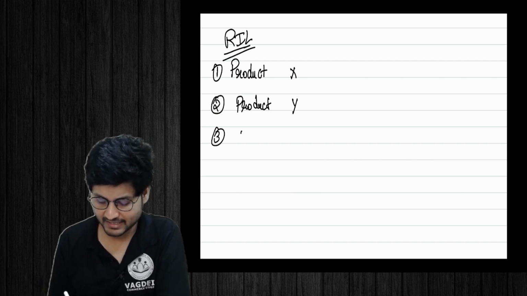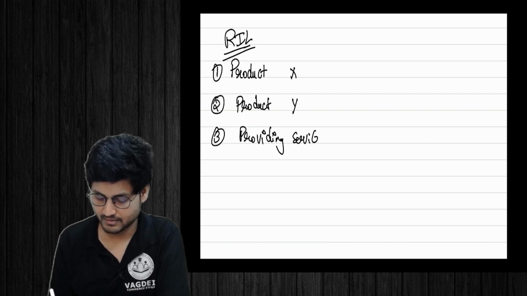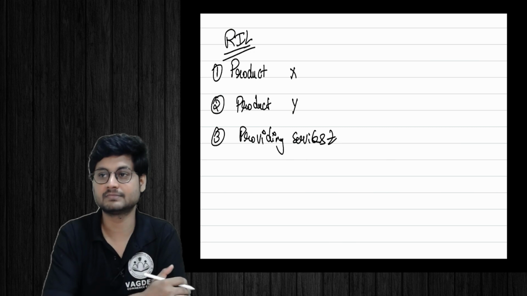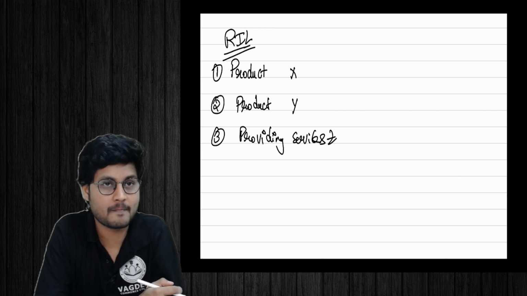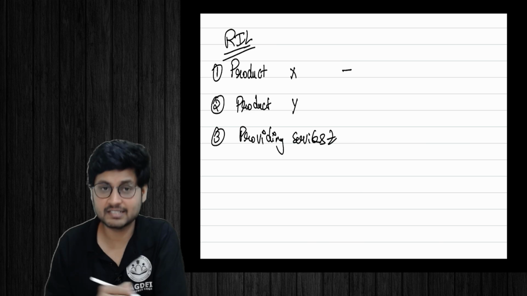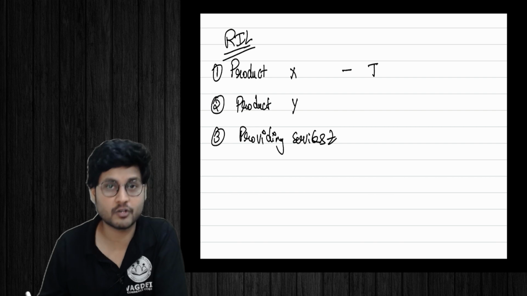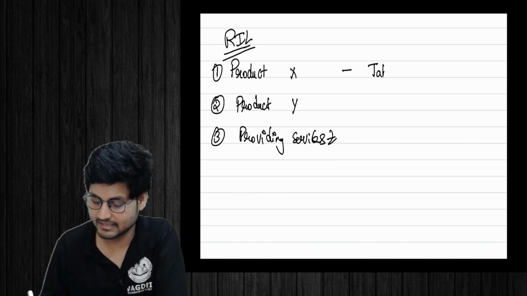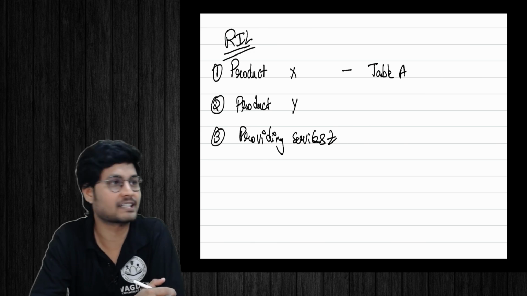And point number 3, it is also in the business of providing some services Z. Now, product X is the product which is there in table number A. You know table number A? 6 sectors.